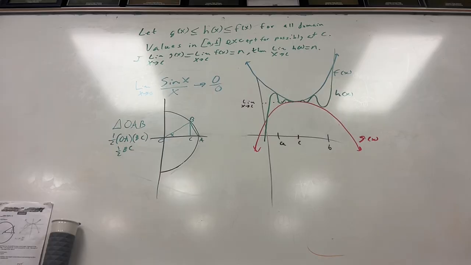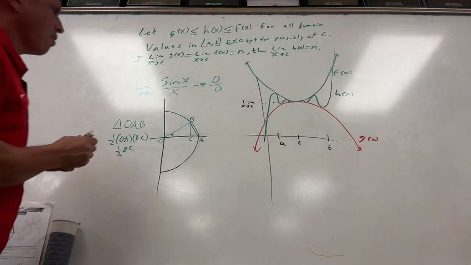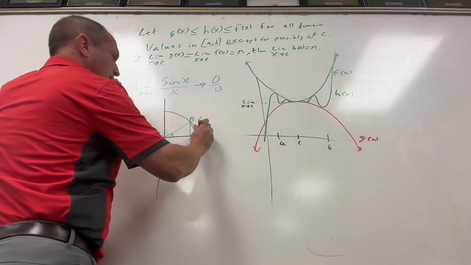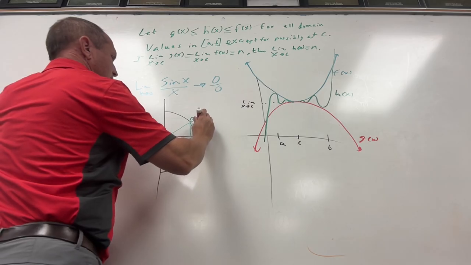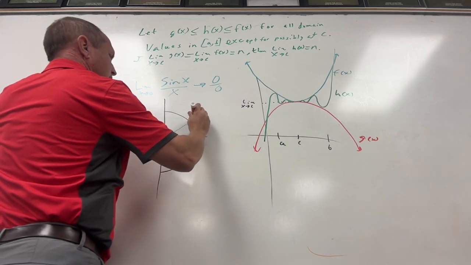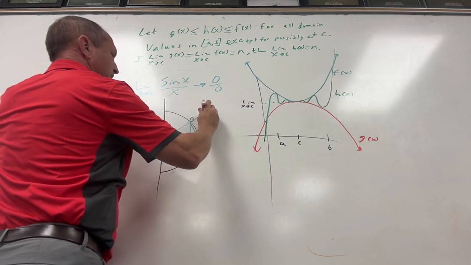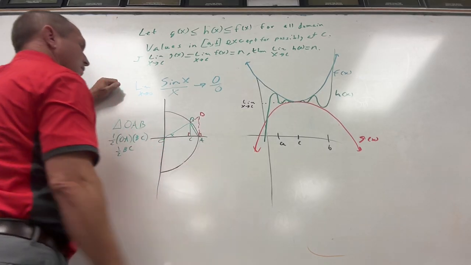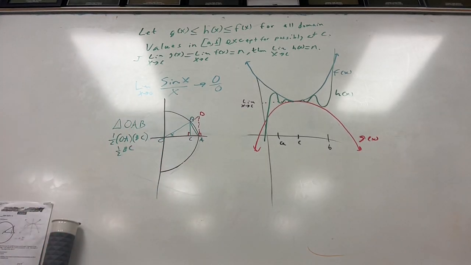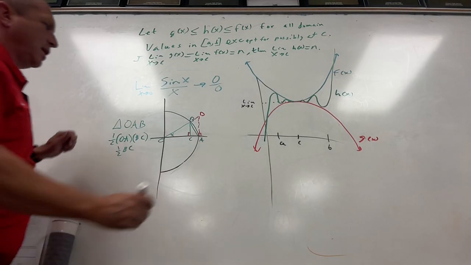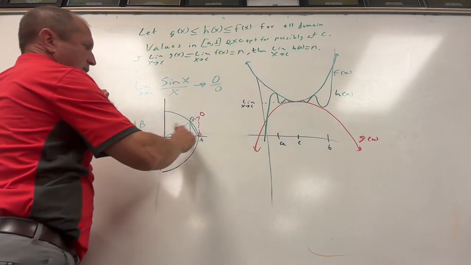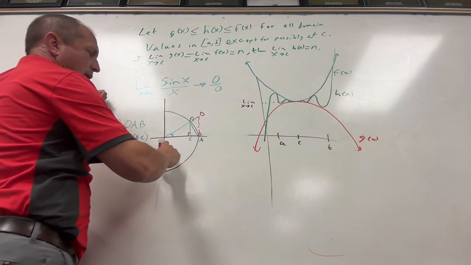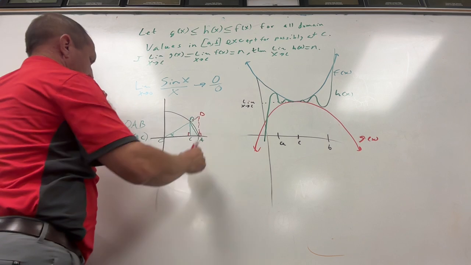Now, I'm going to go over here and I'm going to add to this triangle. And I'm going to let this be D. Oh, this is a right triangle, by the way. Both of these are right triangles. Now, how would I figure out the area inside of triangle OAD?